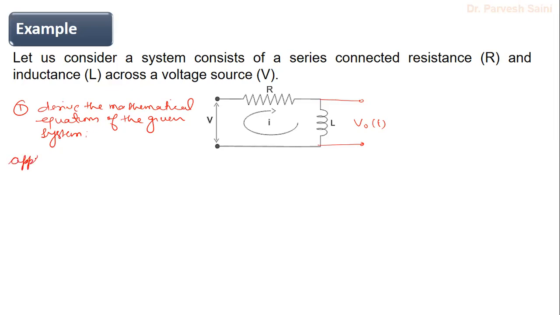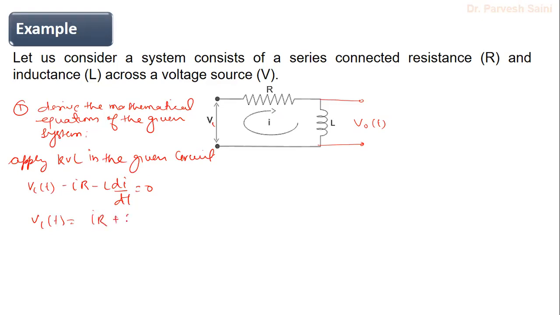So apply KVL in the given circuit, right? So the KVL equation will give us V. Suppose this is Vi(t) for input, right? So this is Vi(t) minus iR minus L di/dt is equal to 0. So Vi(t) is equal to iR plus L di/dt, right?